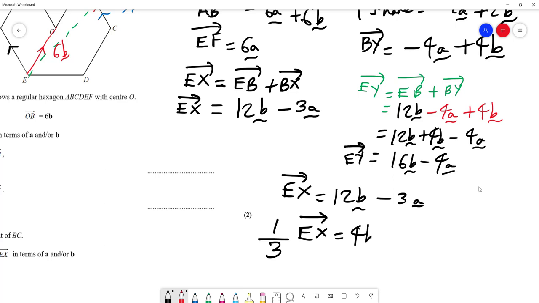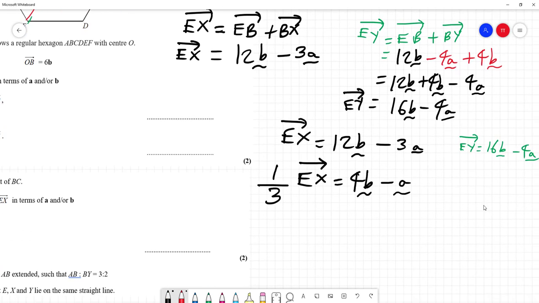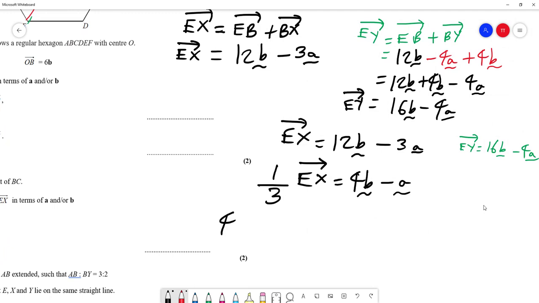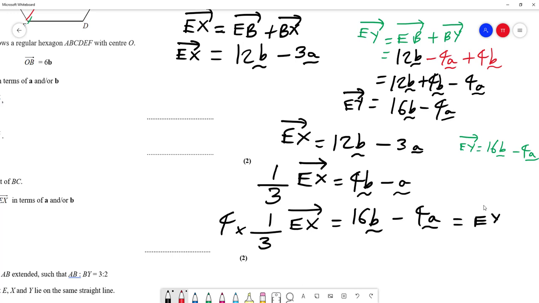So 4 times a third of EX will give me 16b minus 4a, which is exactly the same as the vector EY.